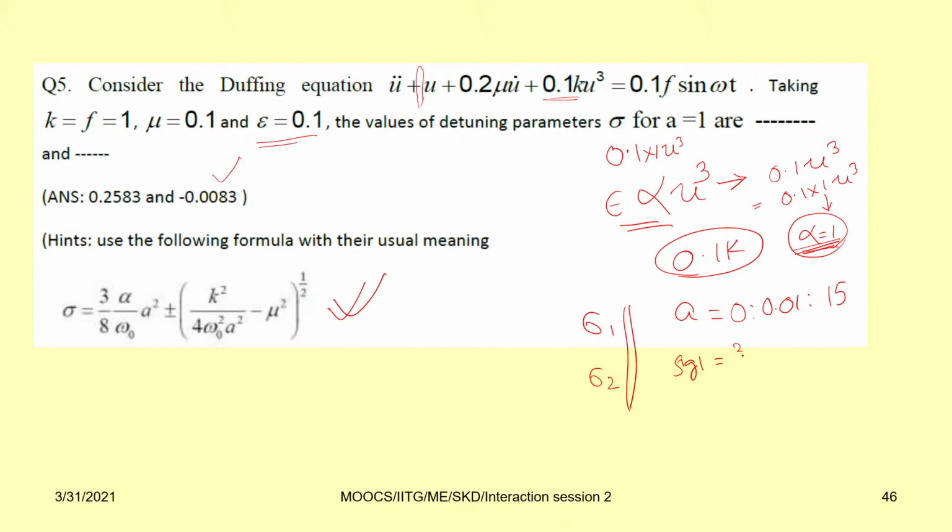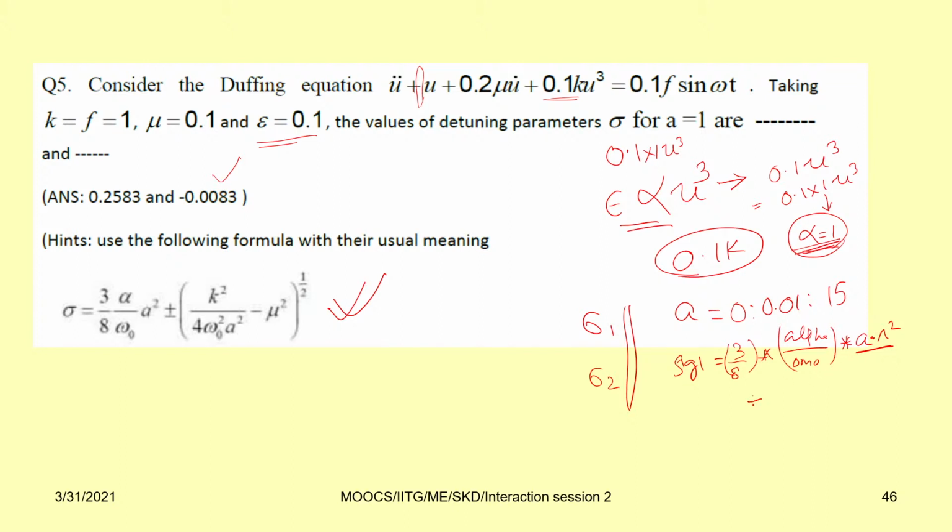This is equal to 3 by 8 into alpha, you write ALPHA for alpha, then omega 0, OM0, into a square. Since a is an array, you put a dot square. If you write a square alone then it will be wrong, so you have to put a dot square.